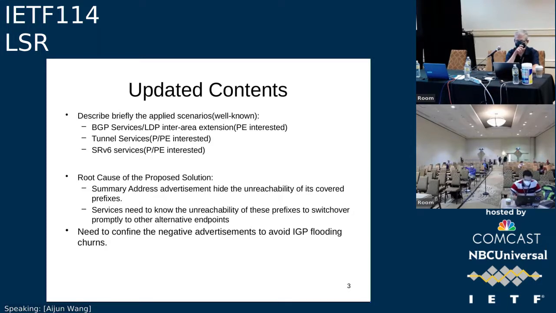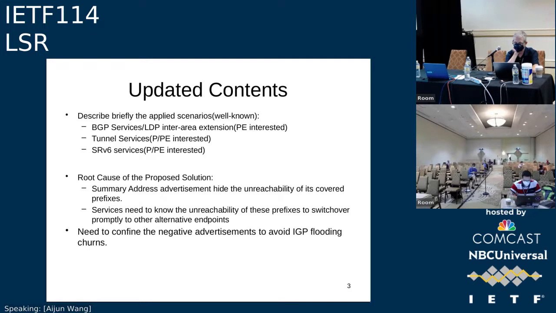SRv6 is also one kind of tunnel service. So the PE devices will be interested in such information. We think the BFD-based solution and the other solutions are not sufficient for the problem, so we think the IGP-based solution may be more suitable.